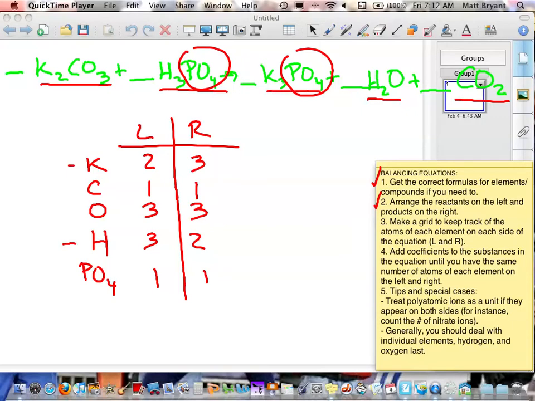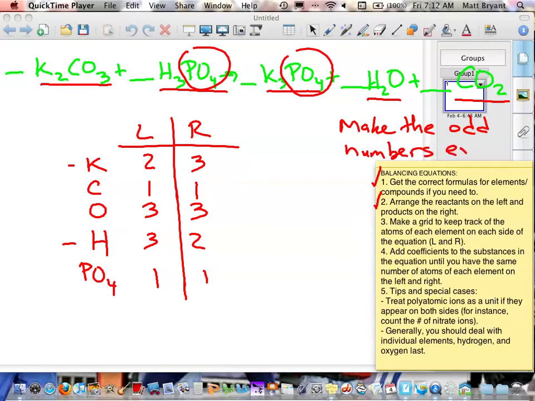Now, this is one of the trickier situations whenever you're balancing equations, when one side has an even number of atoms and the other side has an odd number of atoms. Now, the rule I always follow to make my life easier, and I would highly recommend that you do as well, is to make the odd numbers even.